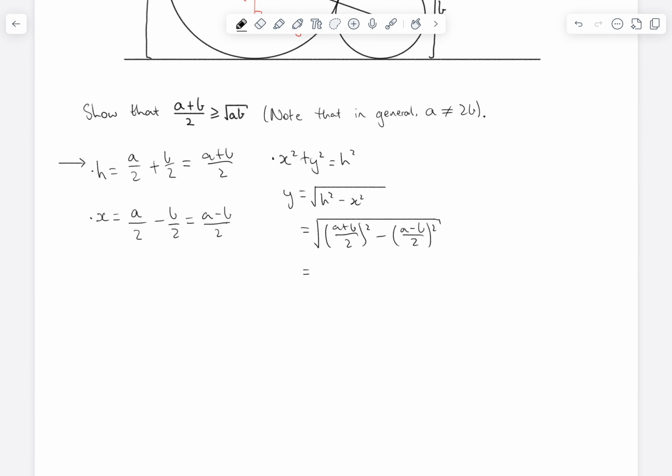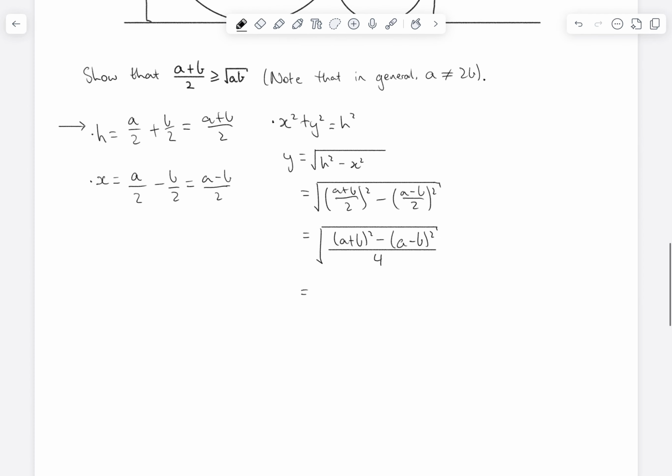Simplifying further, we get the square root of, let's take a common denominator of 4. So we have the sum of a and b squared, subtracting the difference of a and b squared.